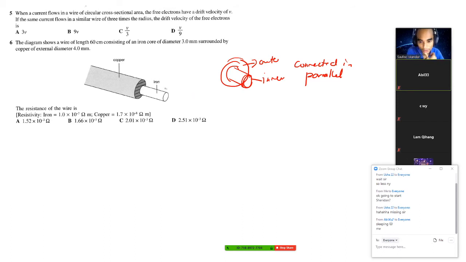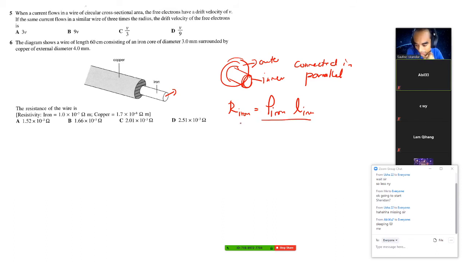First of all, we do the iron first. So the resistance of the iron is equal to rho, the resistivity of the iron, times the length of the iron, divided by the area of the iron. Of course, they have the same length actually, so we don't need to put the L also.